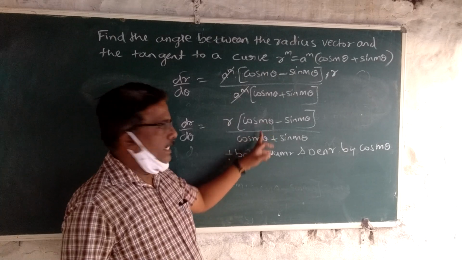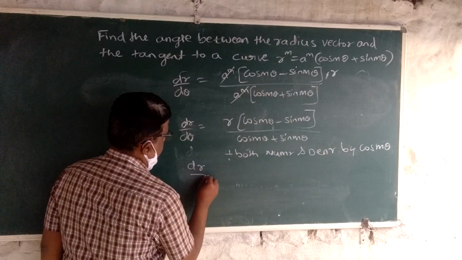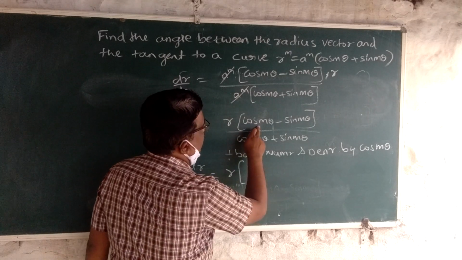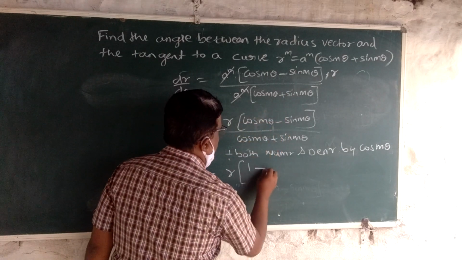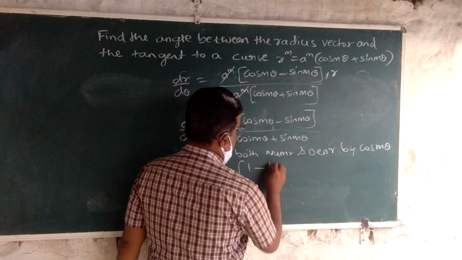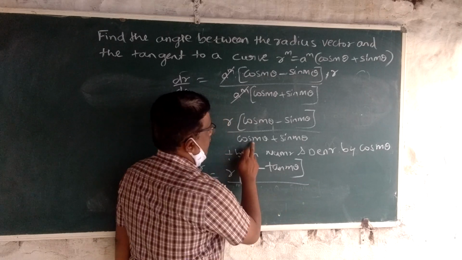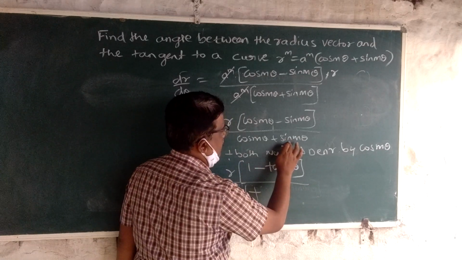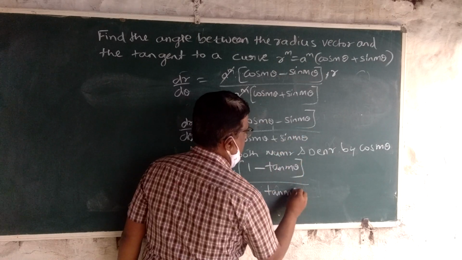Then dr by d theta is equal to r as it is; cos m theta by cos m theta gives 1, minus sin m theta by cos m theta, which is tan m theta, divided by 1 plus sin m theta by cos m theta, which is tan m theta.